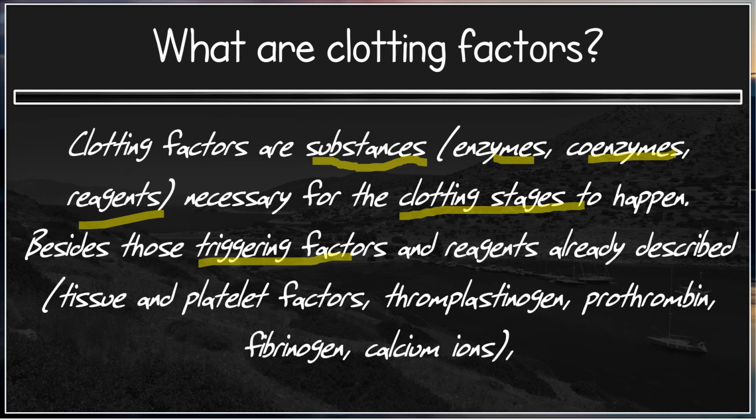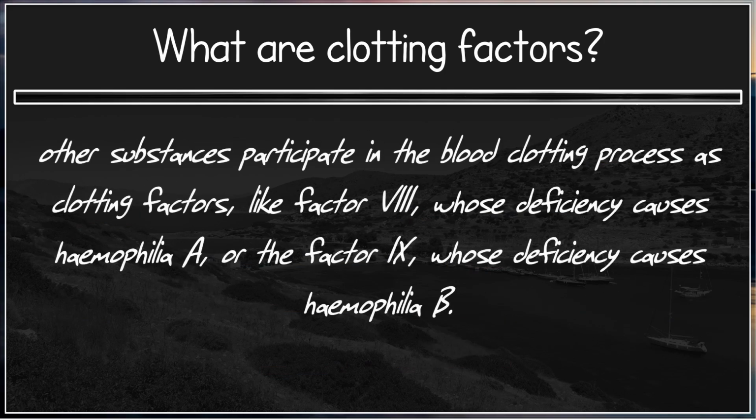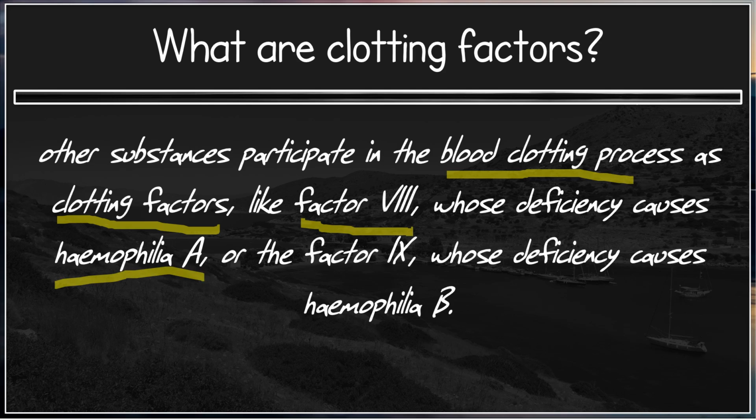Besides these triggering factors, reagents already described, tissue and platelet factors, thromboplastinogen, thrombin, fibrinogen, calcium ions, other substances participate in the blood clotting process. These are clotting factors like factor 8, whose deficiency causes hemophilia A, and factor 9, whose deficiency causes hemophilia B.